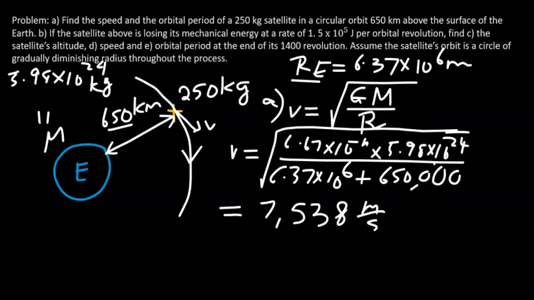Now, having found the speed, we can determine the orbital period by taking the circumference of the orbit and dividing that by the orbital speed.